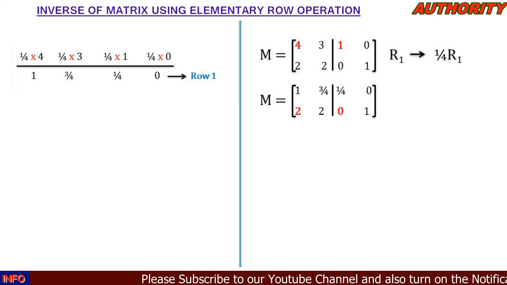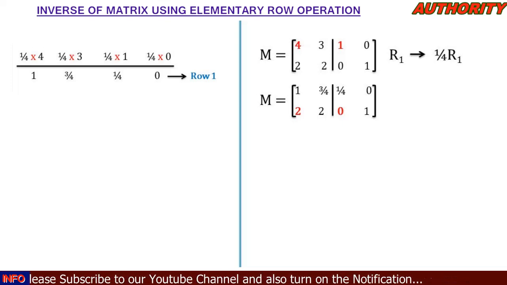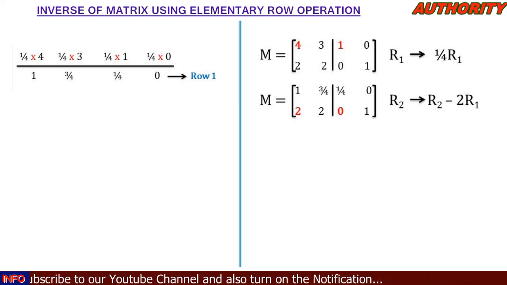So now we are going to put it in a statement and say, for us to achieve this same thing here, let us replace row 2 with row 2 minus 2 row 1. We replace row 2 with row 2 minus 2 row 1, because we multiply the first row, the first element there by 2.